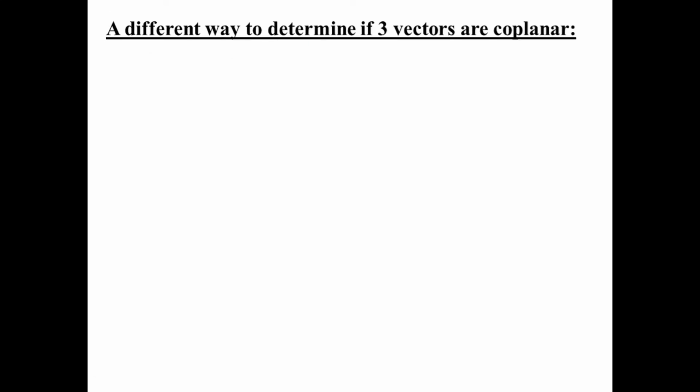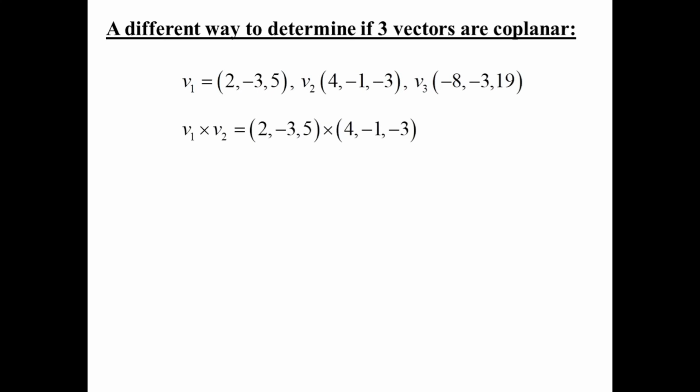Now that we know about cross products, there is a different way to determine if three vectors are coplanar. So we could take those same three vectors, pick any two of them, say v1 and v2, and find their cross product. So I'll cross v1 and v2, and I'll get this.